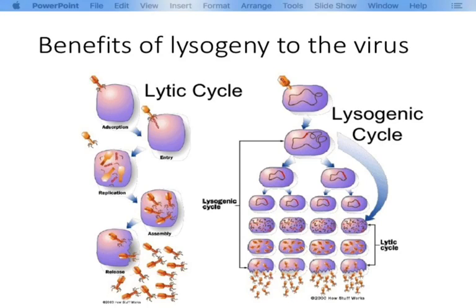So what I want you to do real quick, apologize for the resolution of this, but I want you to think about what could be the potential benefit of a lytic life cycle or a lysogenic life cycle to a bacteriophage.